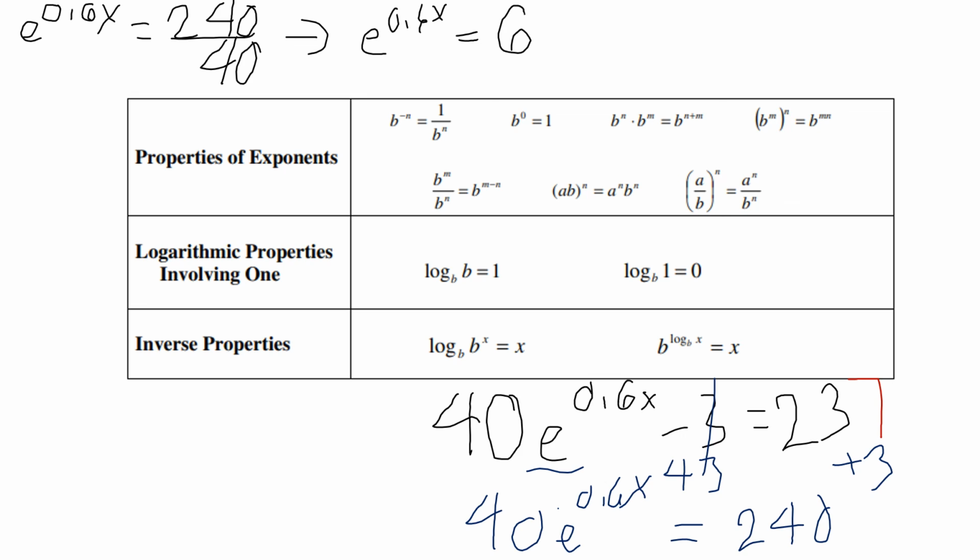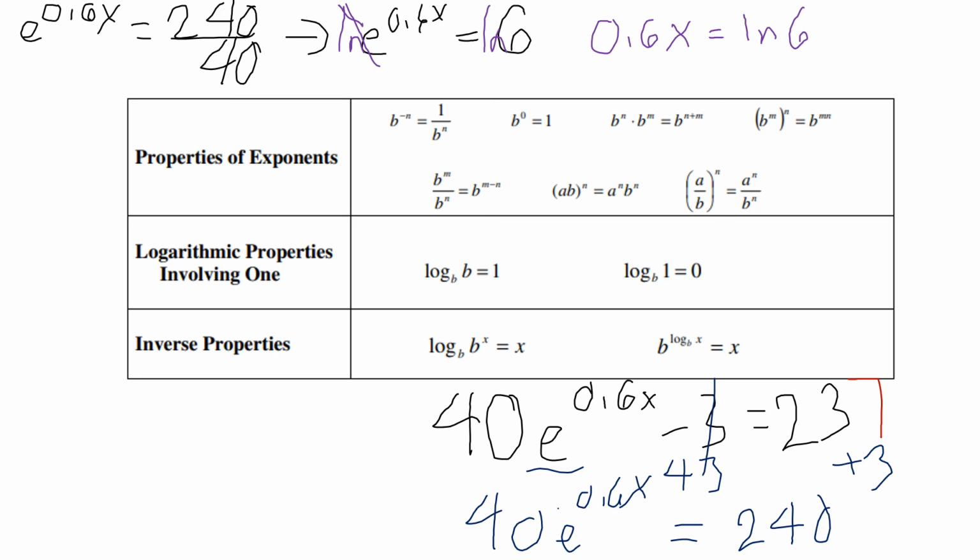To get this taken care of, guess what you're going to have to do? Take the natural log of both sides, and when that happens, you get 0.6x equals the ln of 6.